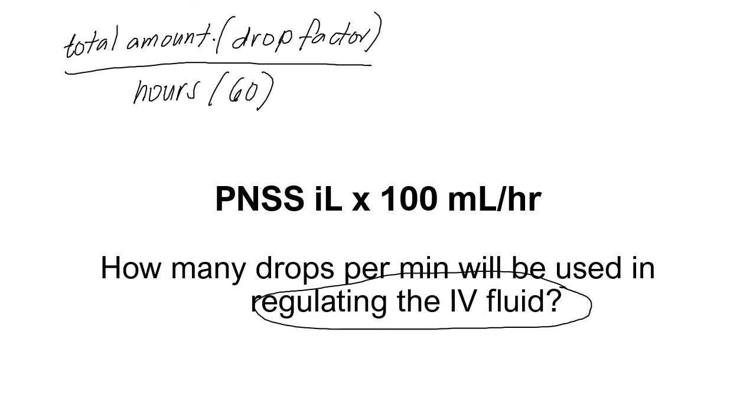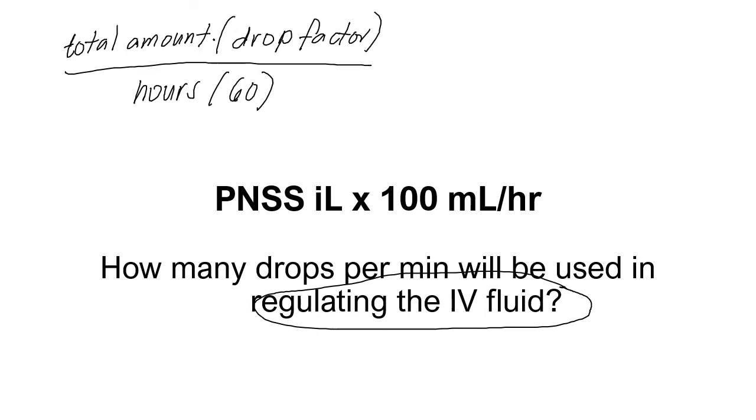That's why we multiply it by 60. So total amount times the drop factor, all over the hours, times 60. Now, the formula may be a bit complicated, but try to internalize this so that it will be easier for you later on.